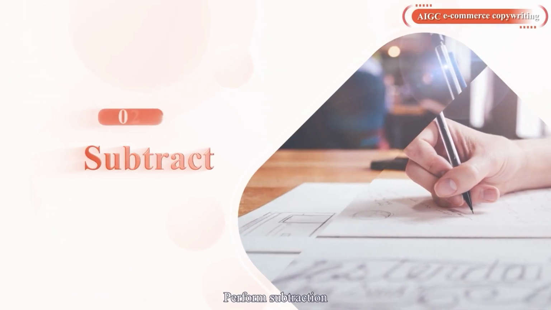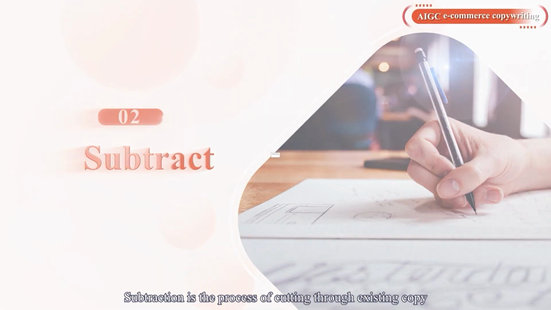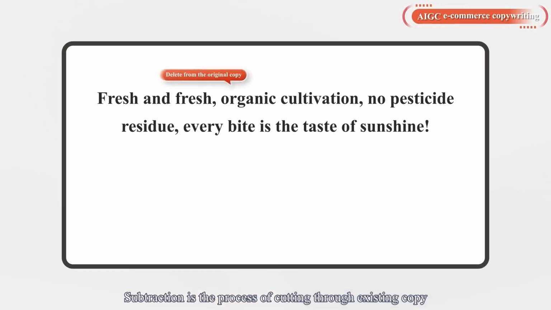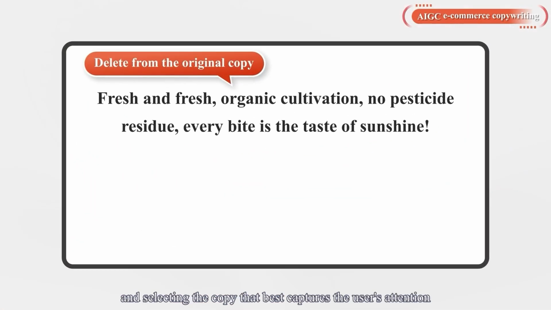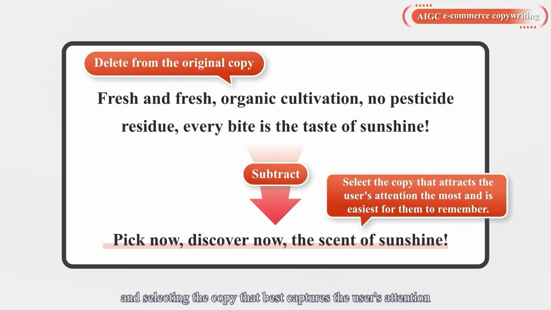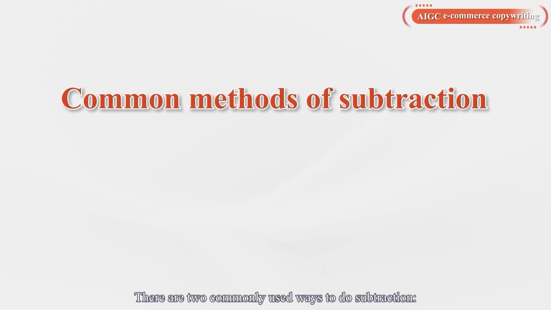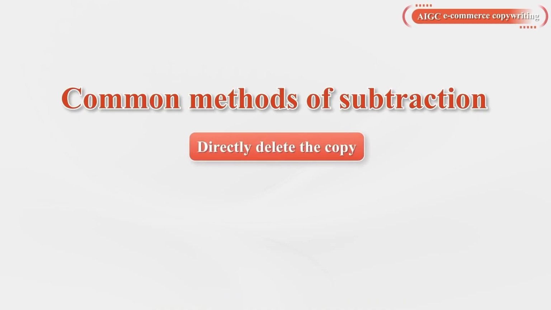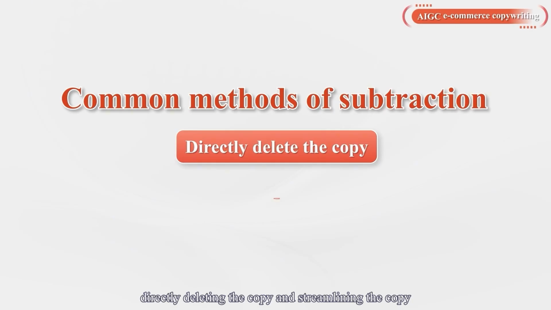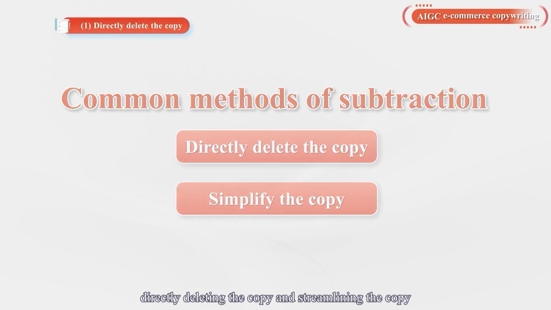Perform subtraction. Subtraction is the process of cutting through existing copy and selecting the copy that best captures the user's attention and is easiest for them to remember. There are two commonly used ways to do subtraction: directly deleting the copy and streamlining the copy.